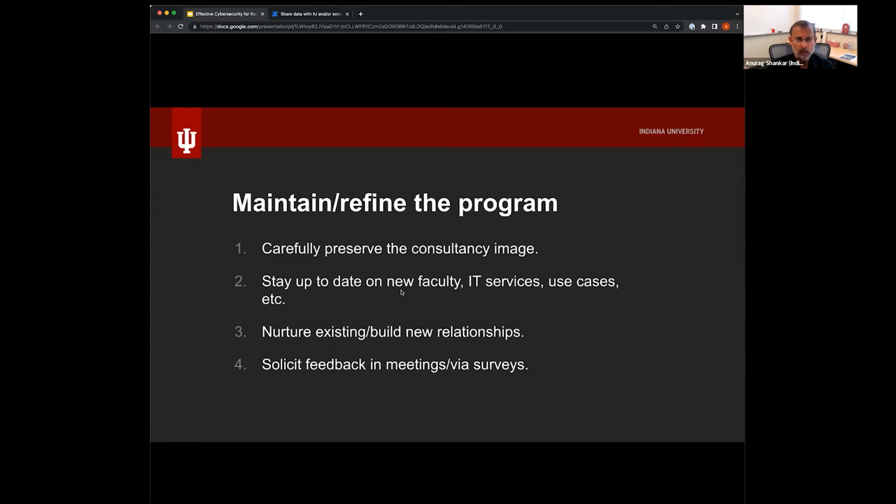And again, the refinement of the program often just simply happens as part of the service, but also you have to solicit feedback. So in the engagements we have, as I said, we prefer to talk to the researcher. We solicit their feedback about how this accelerated their research, what they have done, and because these provide us with metrics, and do surveys.